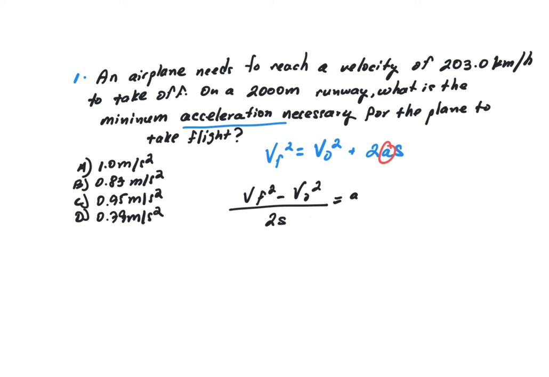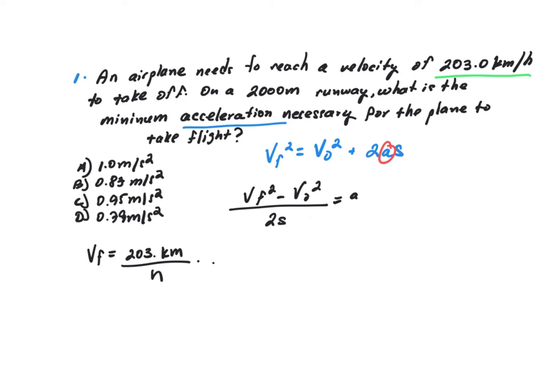To get this answer, we first need to convert velocity into meters per second. They're giving velocity in kilometers per hour, so we're just going to do a basic conversion. Velocity final is 203 kilometers per hour.